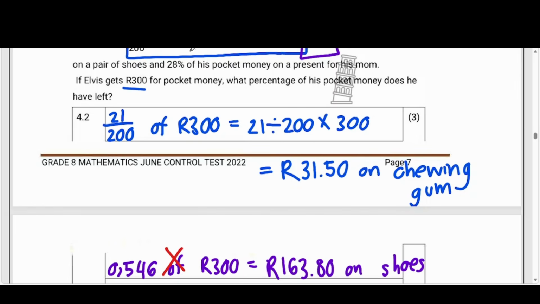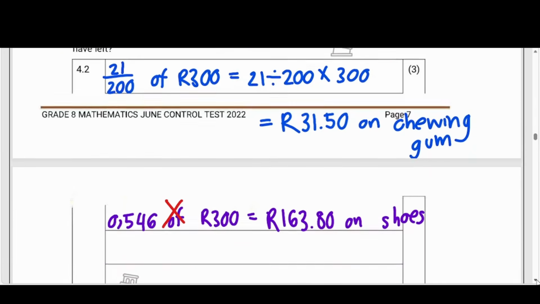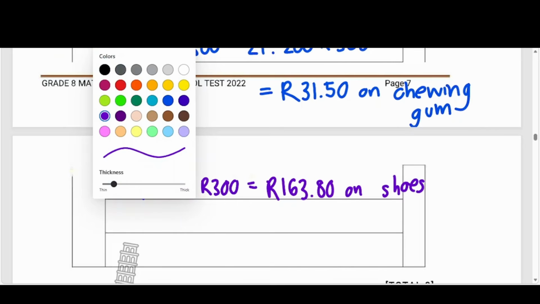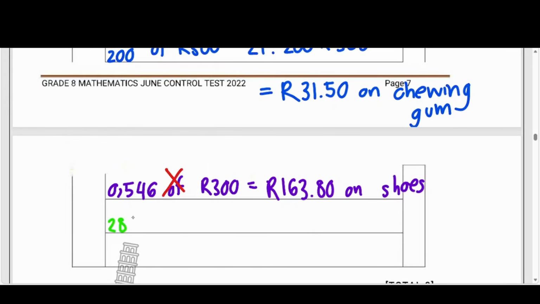And then finally, 28% of his pocket money is on a present for his mom. So we need to work out 28% of 300. How we do this is this percentage symbol should be your reminder that you go 28 divided by 100.